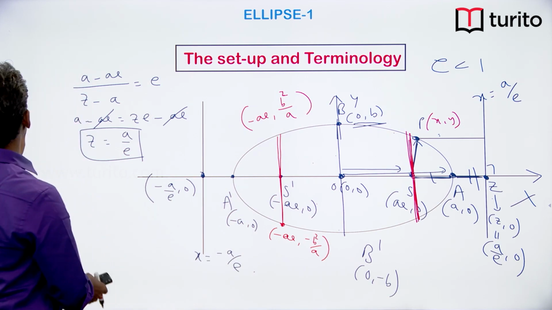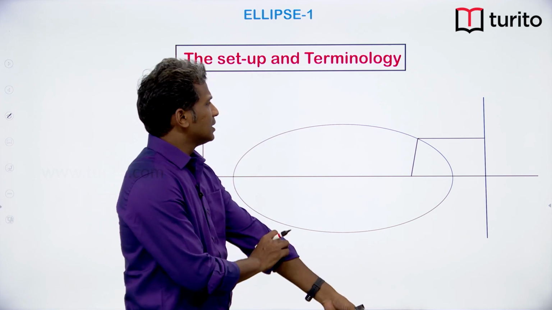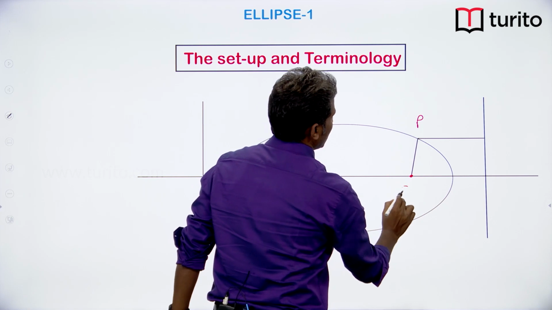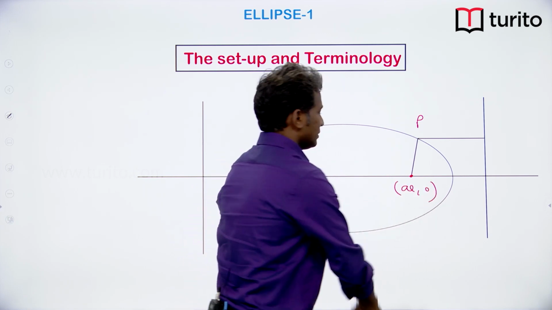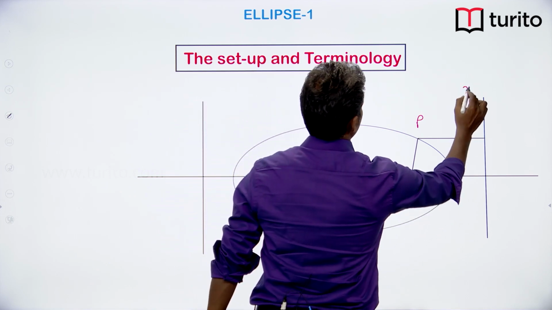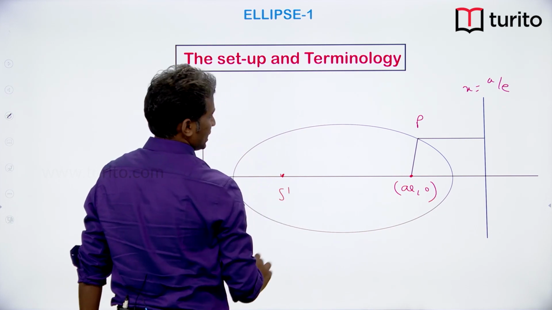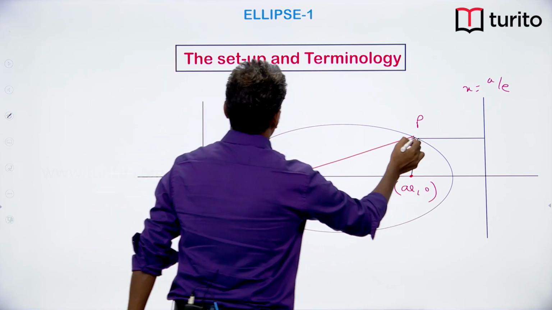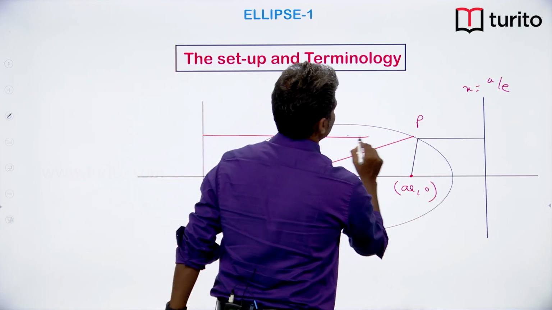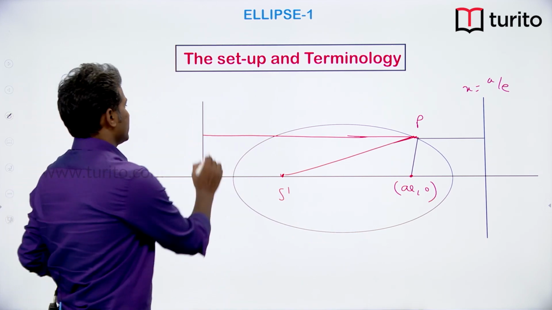Now let me explain one important property here on this ellipse. Suppose I have taken one point P here. Now that we already have the clarity of points, let me take this point as (AE, 0), and this is x equal to A by E. This is S dash. Let us say I join this point P and this directrix.